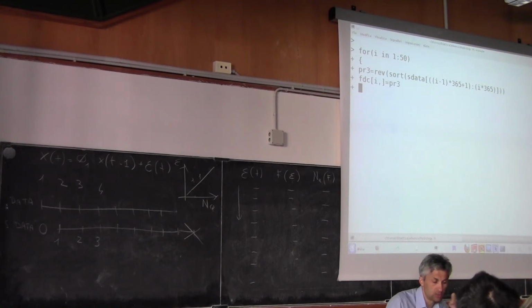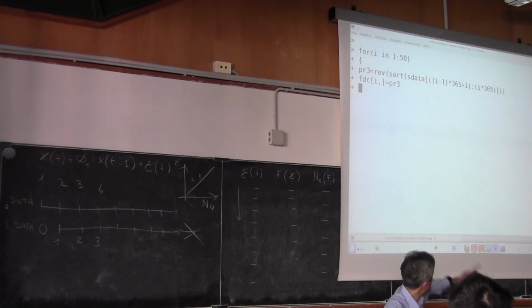And then you plug in the matrix the result with the index i. So FDC is a matrix which has the first index, in this case i, varying from 1 to 50, and the second index, which is not displayed here because you can avoid displaying it if you want to plug in a vector.